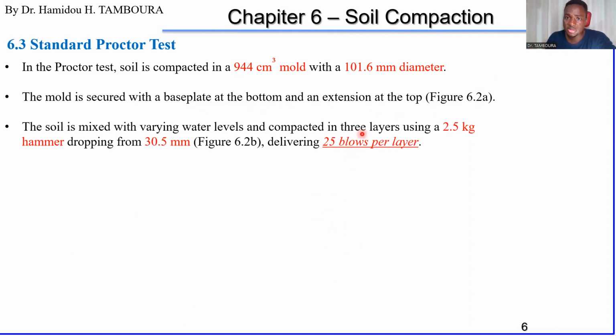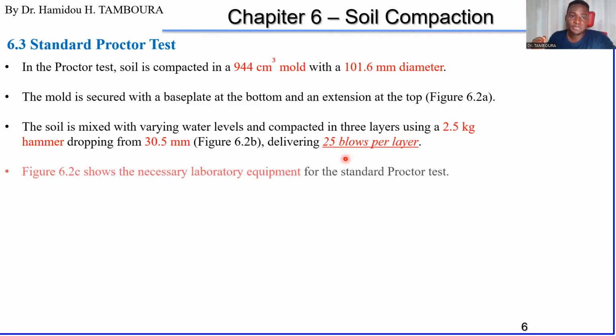Please remember that is important. 3 layers, and we use a hammer of 2.5 kilogram to compact the soil by dropping the hammer from 30.5 millimeter. Okay, and for each soil layer, I told you, remember that there are 3 layers. For each layer, we do 25 blows on each layer.